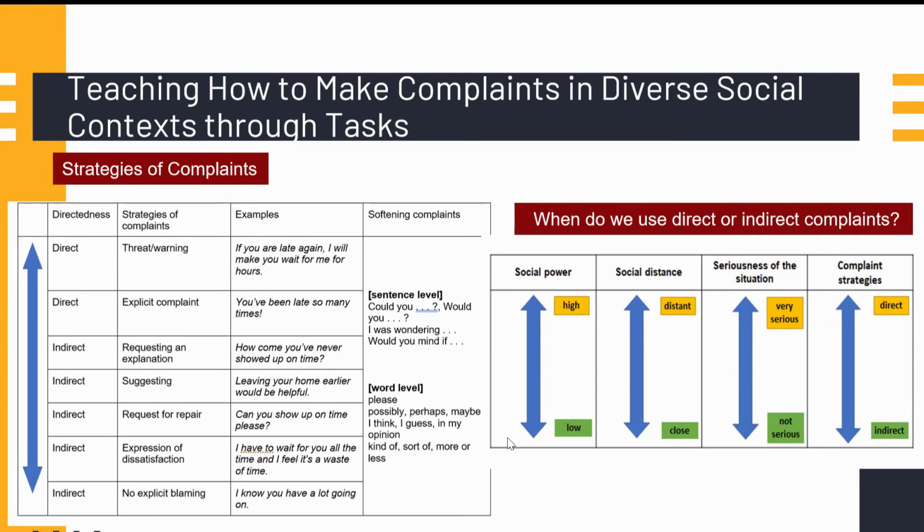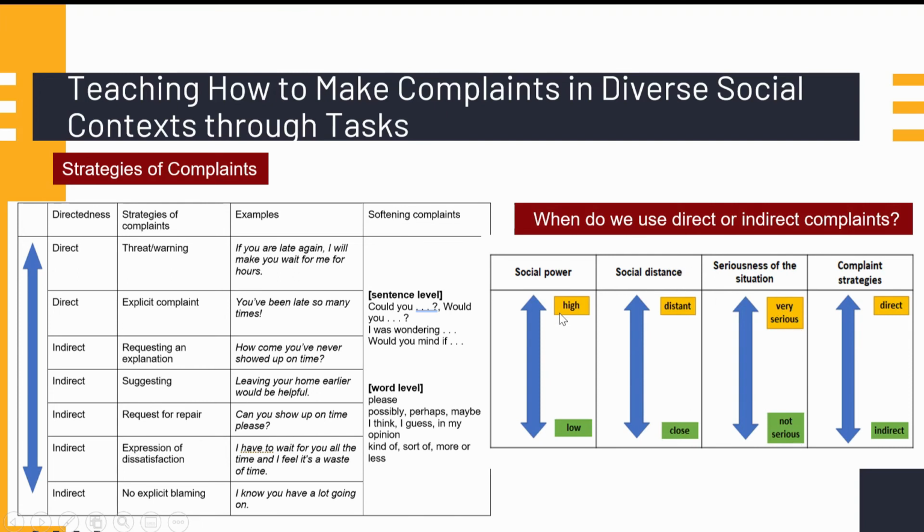So taking speech complaint as an example, teaching pragmatics or how to make complaints is not easy because there are different factors that students need to consider when deciding how to make complaints to different people. Social power, is it high or low, social distance between the interlocutor and the speaker, distant or close, or seriousness of the situation, is it very serious or not serious?